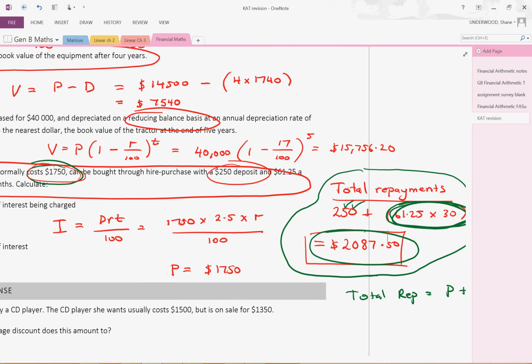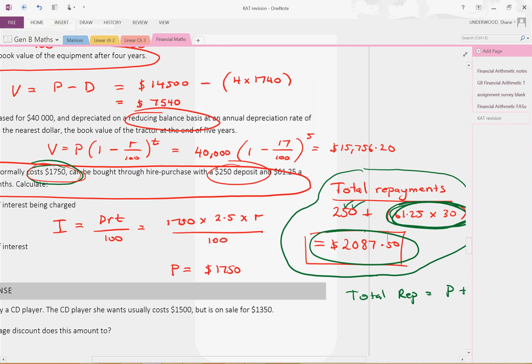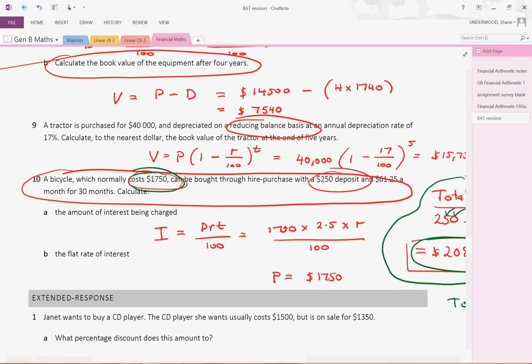If I then subtract $1,750 from $2,087, that is going to give me how much interest was paid, $337.50. So the amount of interest charged is $337.50.